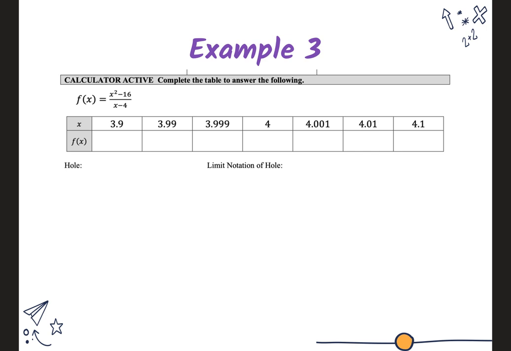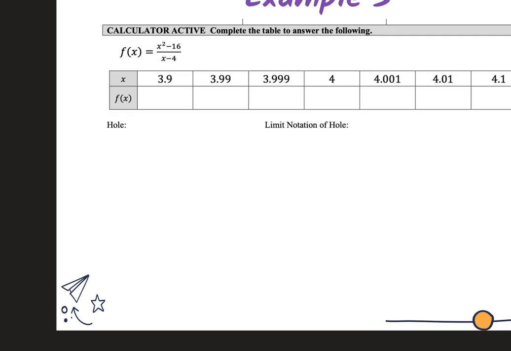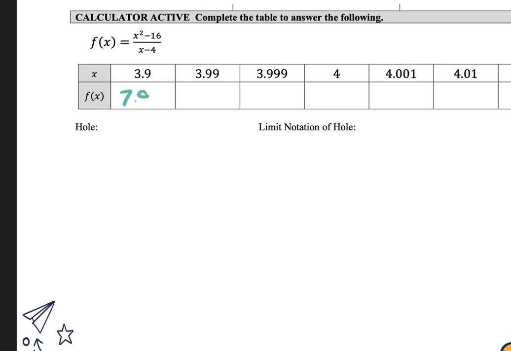So y1 of 3.9 is 7.9. y1 of 3.99 is 7.99. y1 of 3.999 is 7.999. y1 of 4, what happens? It's undefined.